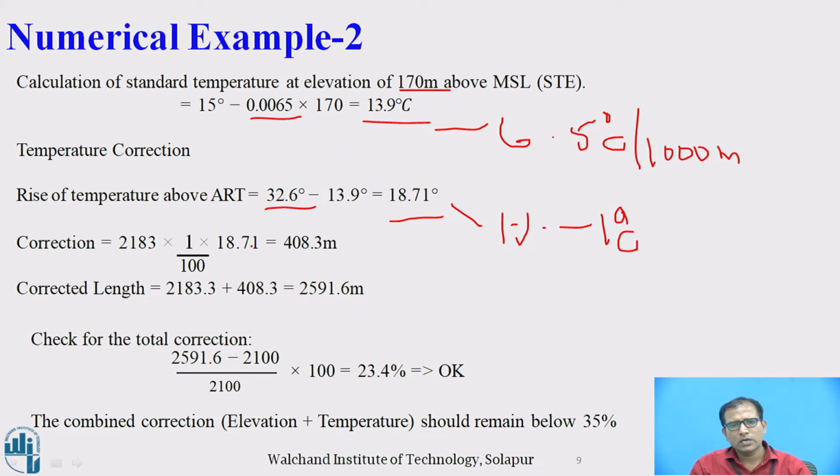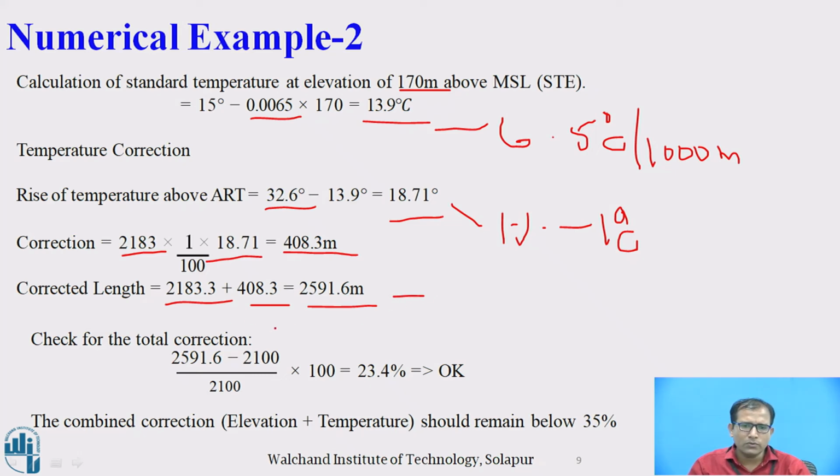So 18.71 into 1 by 100 multiplied by 2183, the length after applying the elevation correction, gives 408.3 meter as the correction for temperature. Now we add 2183.3 plus 408, that comes to 2591.6. This is after applying the temperature correction.